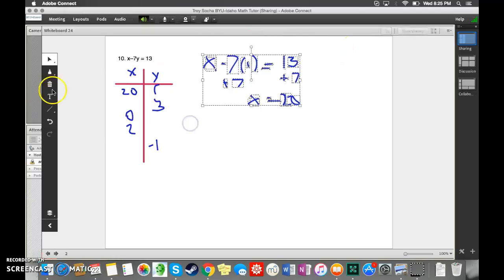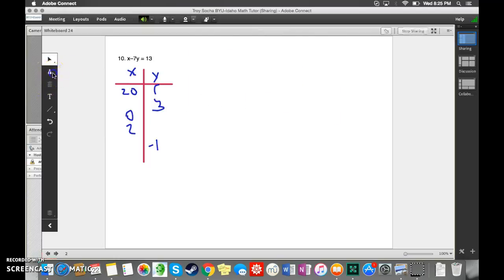Now let me solve the second one, and I'll give you a little minute after I set it up to solve it, and then I'll do it myself. Make sure you got the same answer. Okay, so I'll let you solve that for a second.